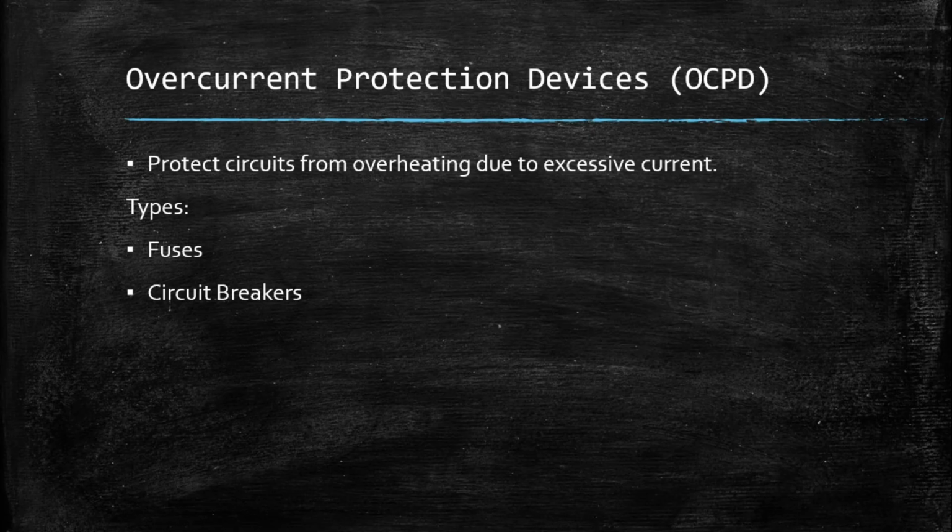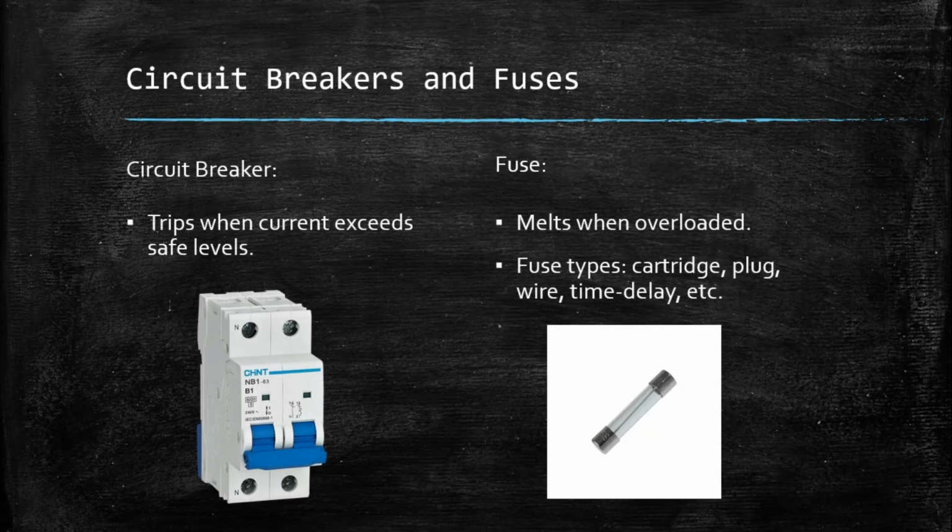Fuses melt when overloaded, and circuit breakers, on the other hand, trip and cut off the current when it exceeds a safe level, which plays a key role in electrical safety by stopping the current flow when things go wrong. These are examples of circuit breakers and fuses. This is the circuit breaker and this is the fuse.